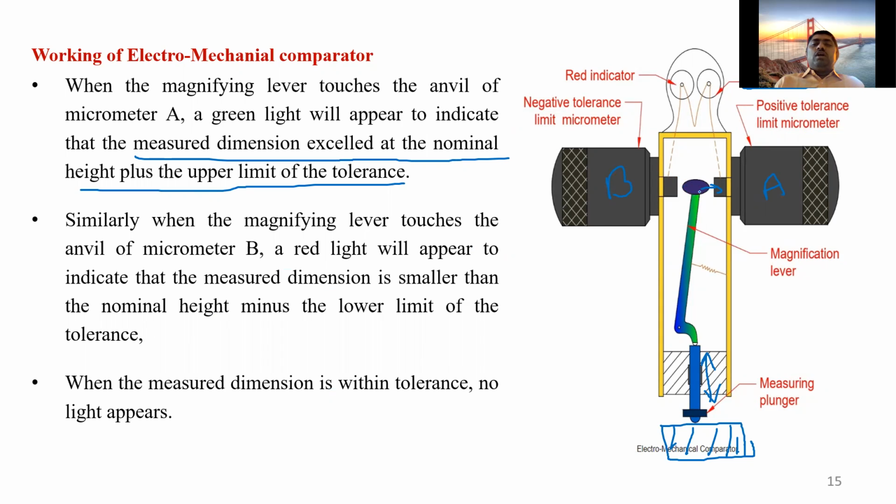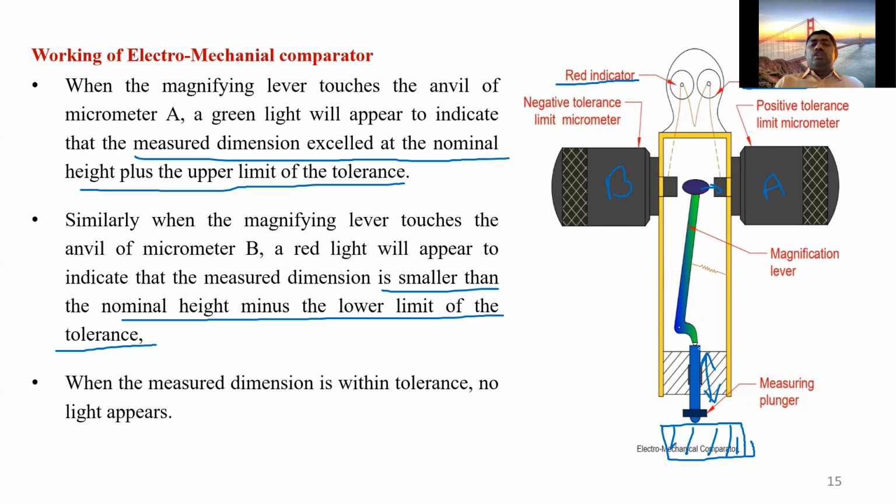If the magnification lever touches the anvil of micrometer B, a red indicator will appear to indicate the measured dimension is smaller than the nominal height minus the lower limit of the tolerance. That means the component is made below the lower limit of size of the component.